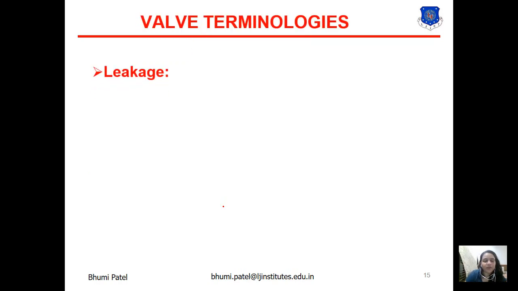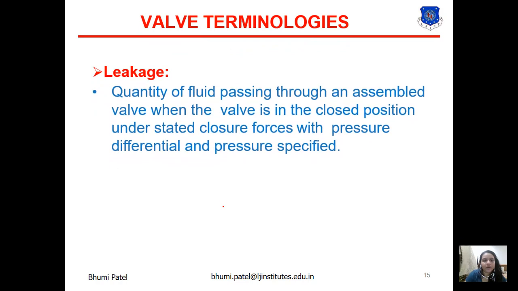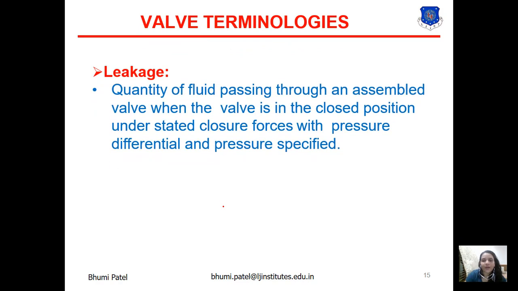Now the third terminology is leakage. It is the quantity of fluid passing through an assembled valve when the valve is in the closed position under stated closure force, with pressure differential and pressure specified. All of you know what leakage is. Whenever the valve is in the closed position and we still get an output, this output is due to the leakage of the valve.